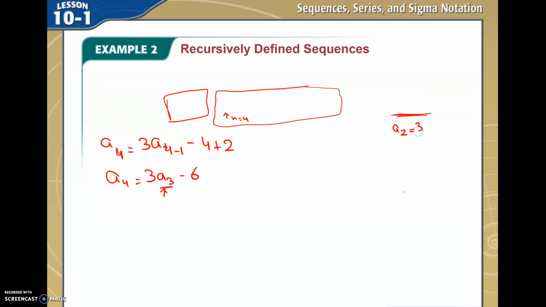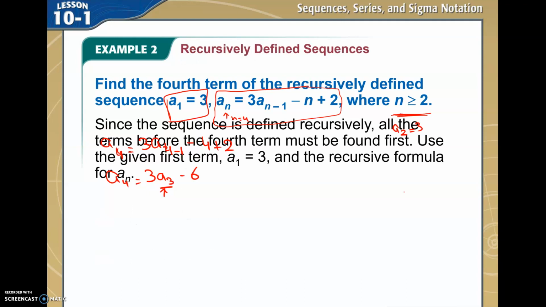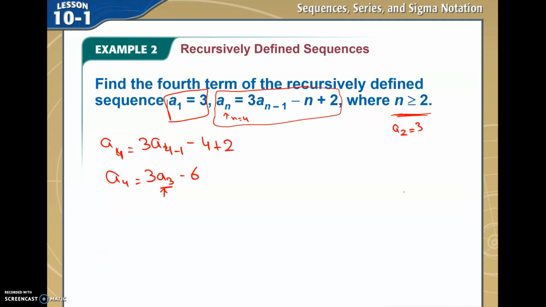So you will have a2 equals 3 times a1 minus n, which is 2, plus 2. You will simplify this one. a2 equals 3 times a1, a1 is 3, minus 2 plus 2 will become 0, and you will have a2 equals 9. Clear?